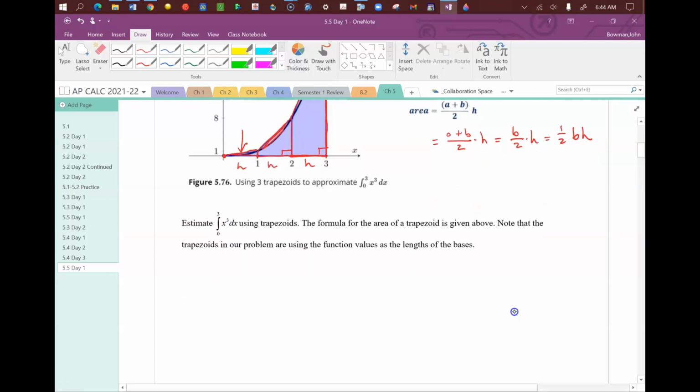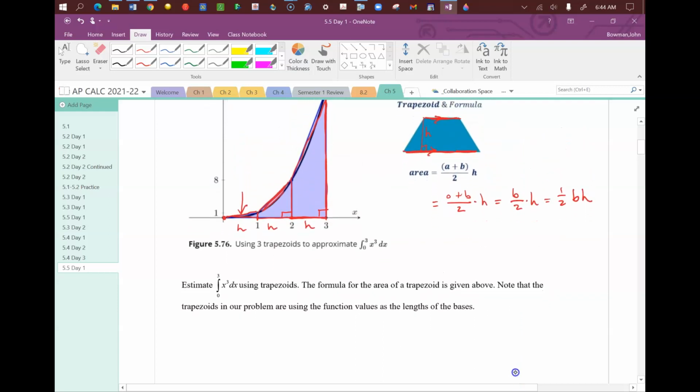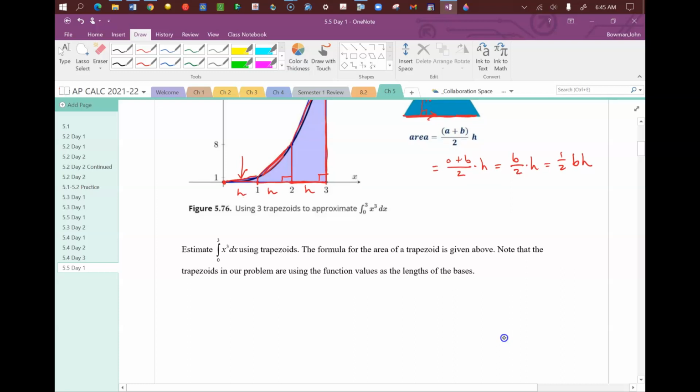So let's go through the process of estimating the integral from 0 to 3 of x cubed dx using the trapezoid rule. So the integral from 0 to 3 of x cubed dx is approximately equal to, well, we're going to take 0 cubed, which establishes the height of the first parallel side of the first trapezoid, plus 1 cubed, we're using the function there to establish the lengths of the two bases, divided by 2 times the height, which is 1 in this case.